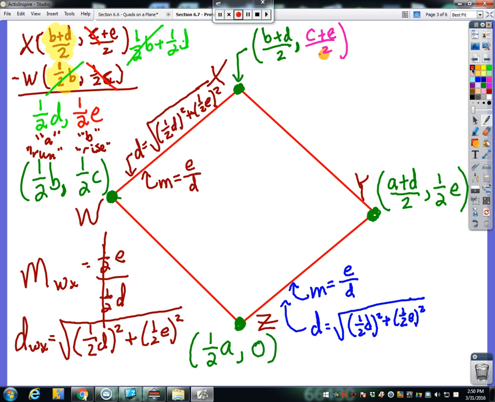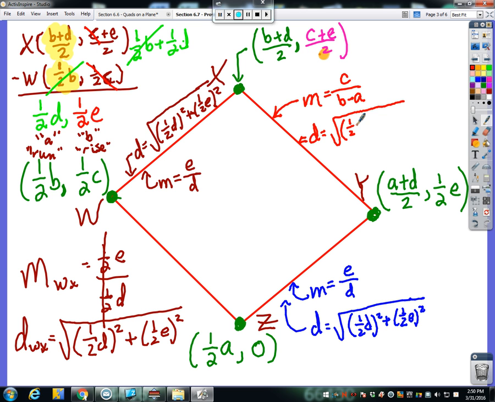Now the other two sides. This one has a slope, once everything simplifies out, of c over the quantity b minus a, and the distance, again, is going to be ugly.